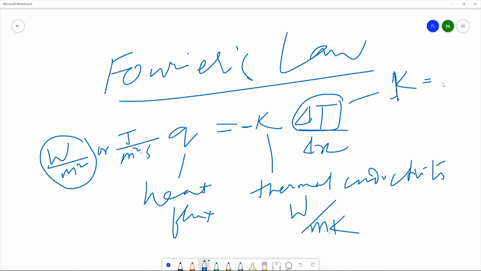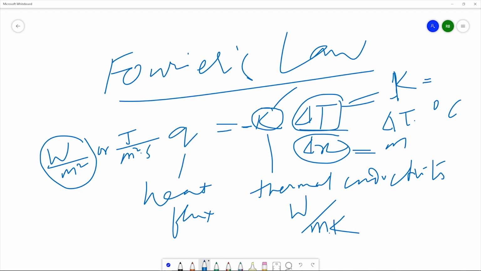Don't use degree Celsius. You can use delta T in degree Celsius only if the thermal conductivity is given per degree Celsius. If the thermal conductivity is given per Kelvin, then you have to use the temperature in Kelvin. And delta x is nothing but the distance, so the SI unit is meter.